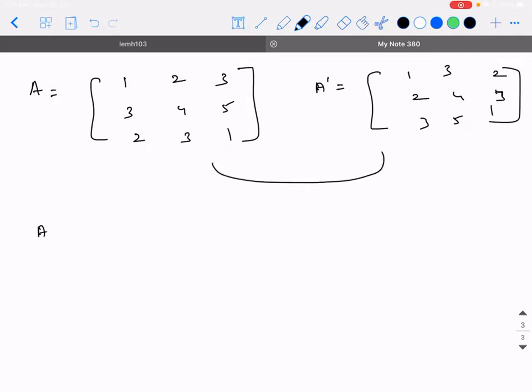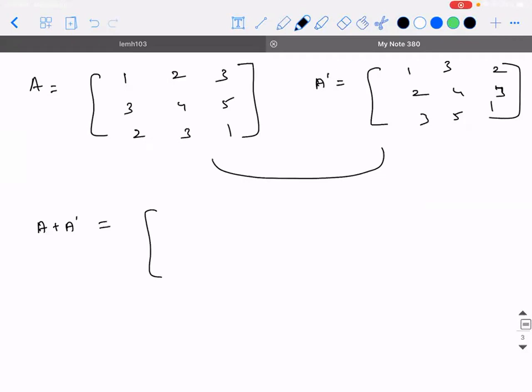What is A plus A transpose? Tell this. Make it fast. 2, 5, 5, 5, 8, 8, 5, 8, 2. Okay.